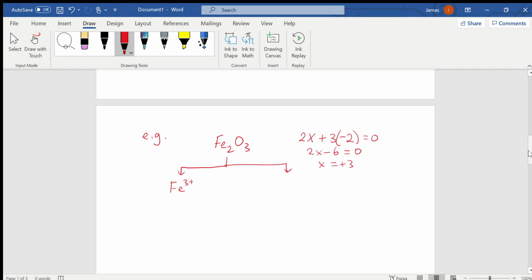It could have been iron 2+, it could have been something else. But on this occasion, because of the 2 to 3 ratio between iron and oxygen, I know it's iron 3. So I can write the name iron and then the Roman numeral, which in this case is 3, which is III.